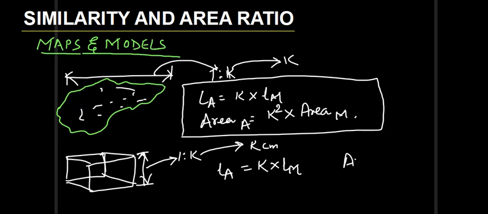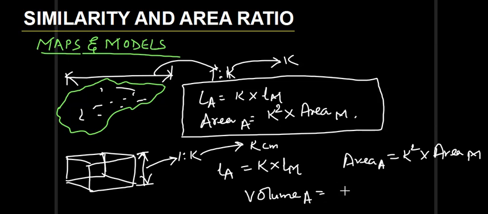Similarly, the area of any portion of the actual will be k square into the area of the model. And if you want to calculate the volume of the actual one, it will be k cube into the volume of the model.